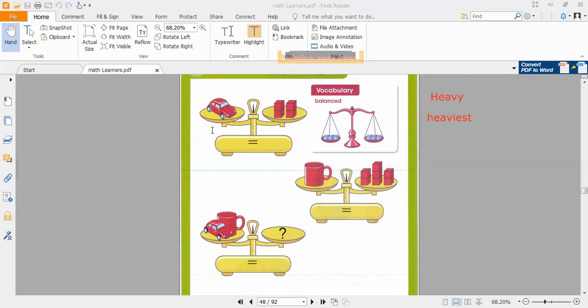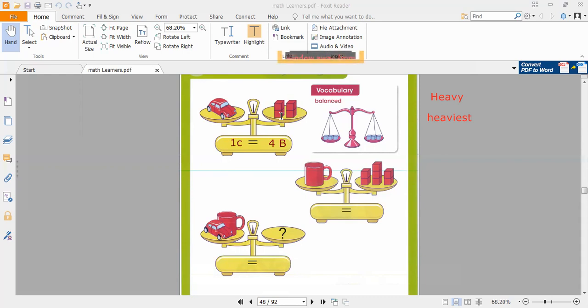Right here, 1C means one car, not our class 1C. It means one car equals 4 blocks. You can see 1, 2, 3, 4, or you can say 4 cubes. So here we are going to use the word blocks. 1C equals 4 blocks.